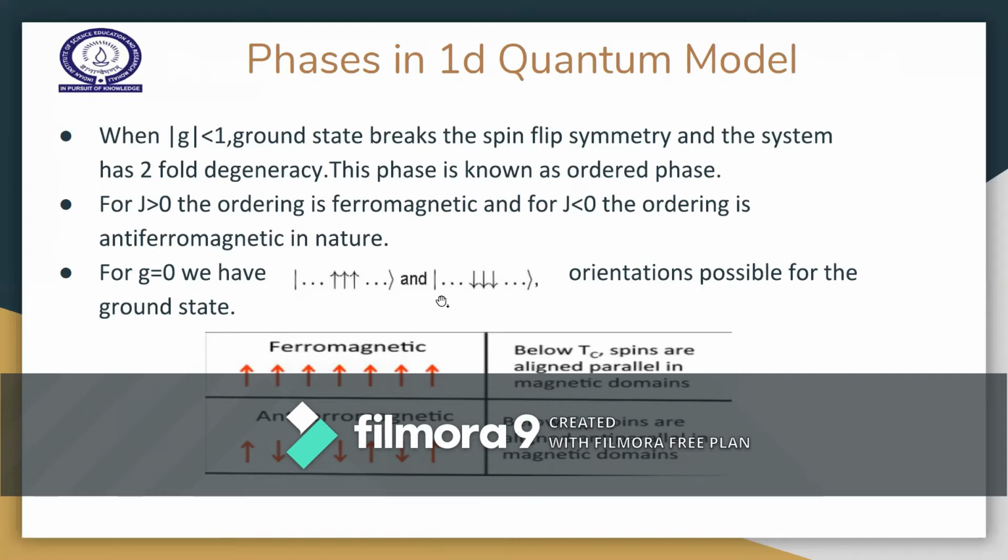These two are both ferromagnetic orientations. In ferromagnetic orientation, all the spin particles are oriented in the same direction. An antiferromagnetic orientation is also possible for J less than zero. In antiferromagnetic orientation, the adjacent spins align anti to each other.